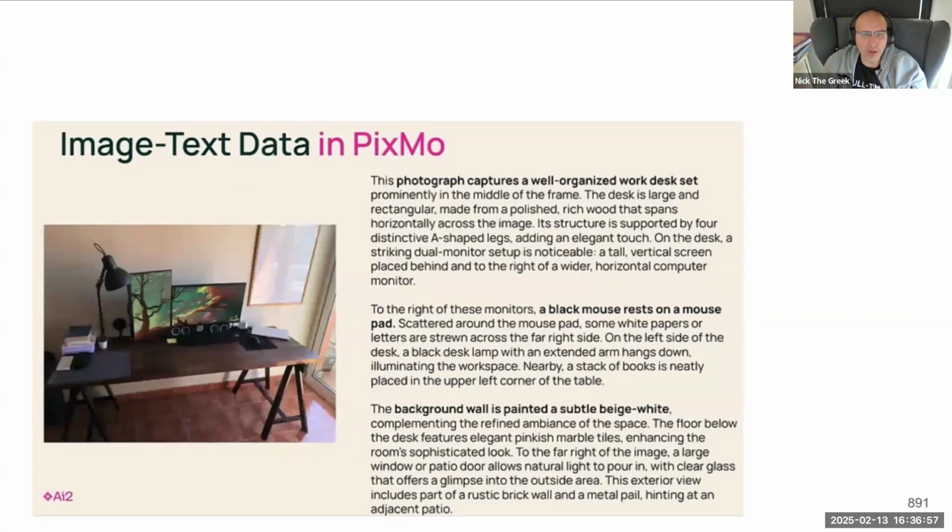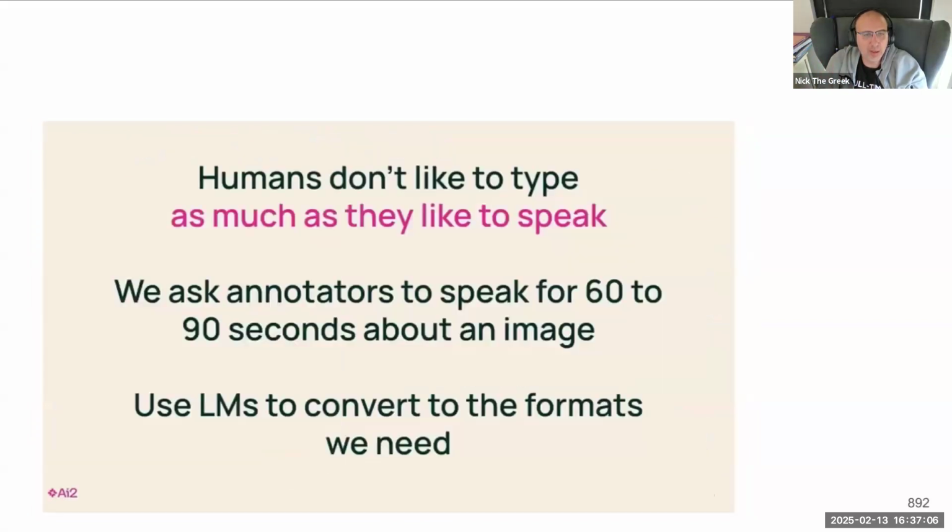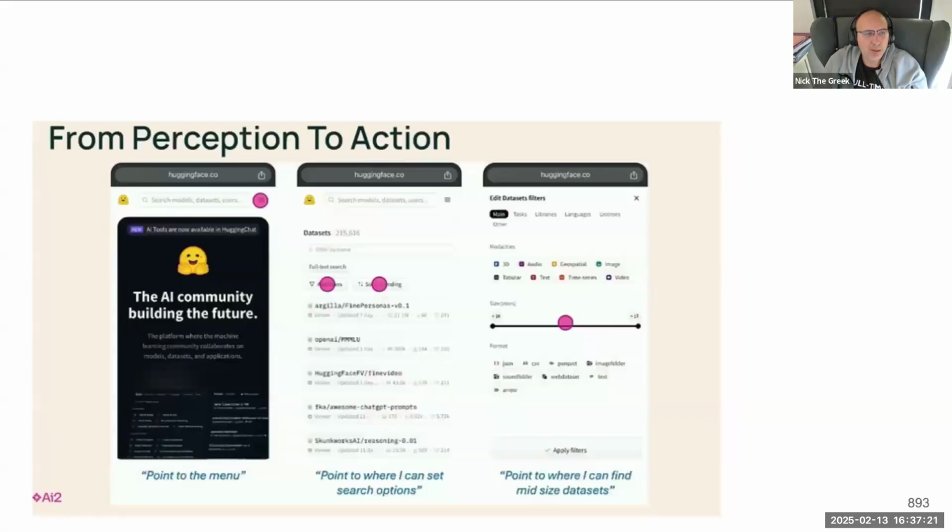These guys thought about it and said, how can we accelerate the annotation process so that we can create high quality training data? And they did a simple trick, a simple hack. Humans don't like to type as much as they like to speak. So we ask annotators to speak for 60 to 90 seconds about an image. And then they use language models to convert that transcription to the formats they needed.